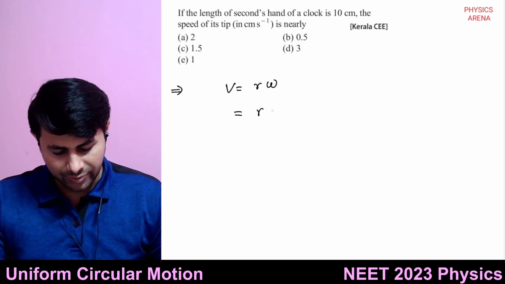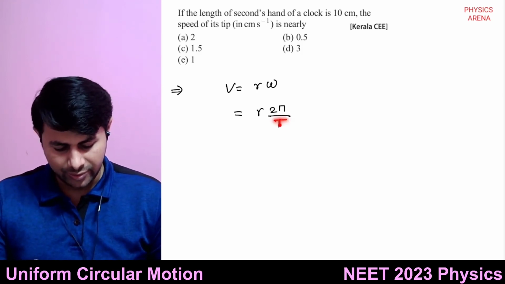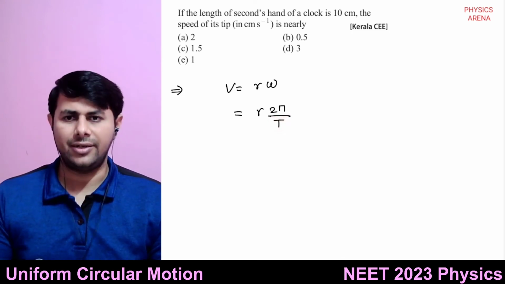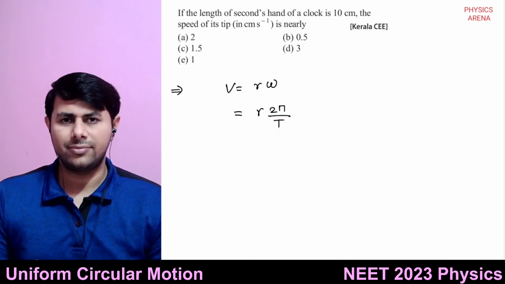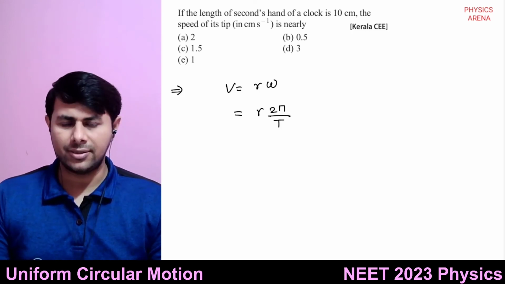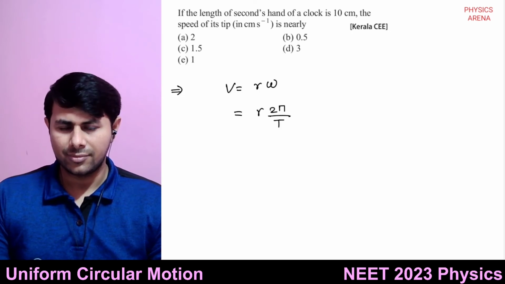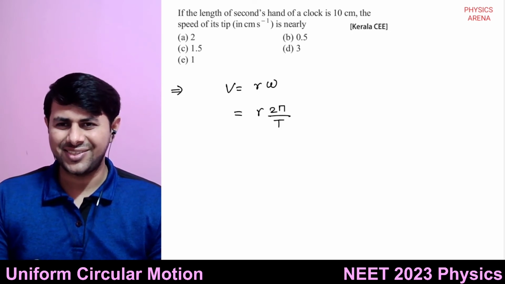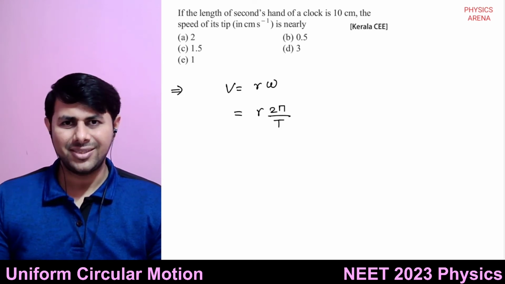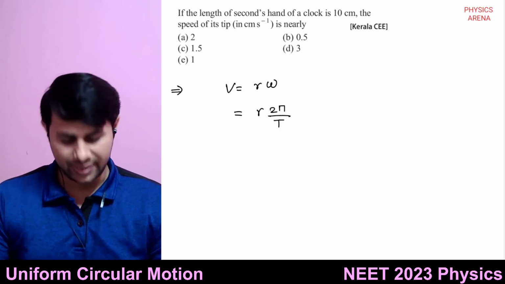So omega is equal to 2 pi divided by T. What is the time period of the seconds hand in a clock? How many seconds? 60. Yes, the seconds hand completes one revolution in 60 seconds.